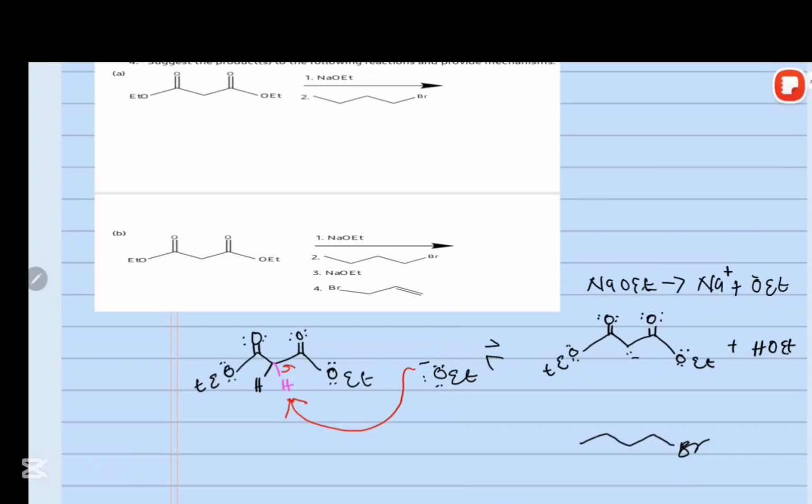From here, the negative charge will come and attack this carbon which has a bromide, expelling the bromide. That's what we call SN2.